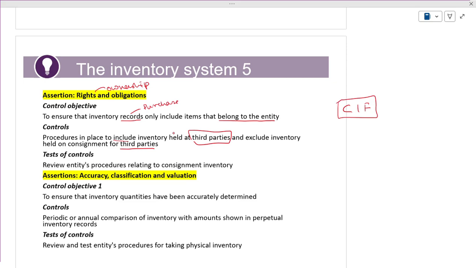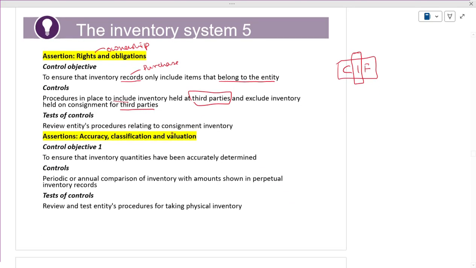The moment they are dispatching, they say that it is insured. Means responsibility will not be with the person who is supplying; insurance will take care of those things. That's a different case, I am just giving you an example.